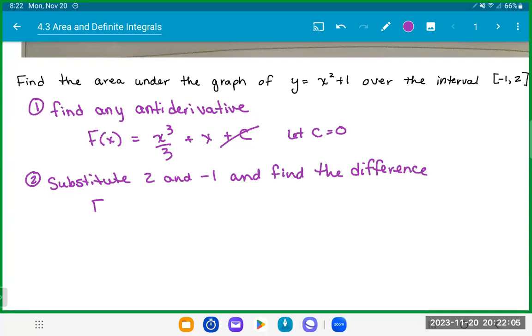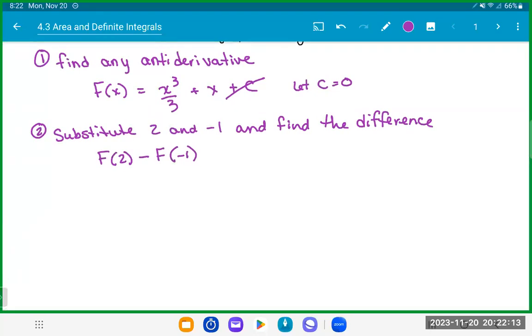That is taking my function, evaluating it at 2, minus my function evaluated at -1. So this is going to give me 2 cubed over 3 plus 2, minus -1 cubed over 3 plus that -1.